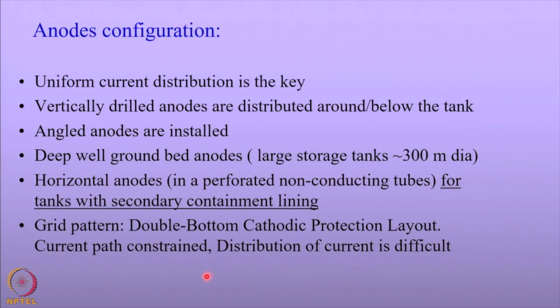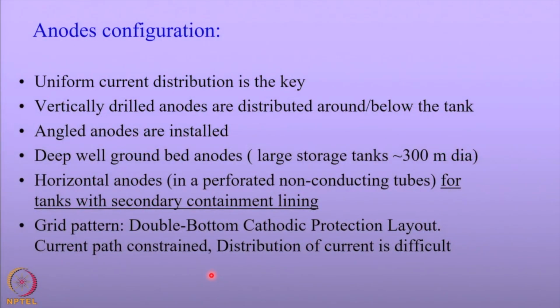The other important requirement for the cathodic protection of the tanks is the ground bed. The resistance offered by the ground bed can be calculated as per the equation that we saw before. That is, in one of the lectures we talked about the anode ground bed resistance calculations. So, the same can be used here to calculate the resistance offered by the ground bed.